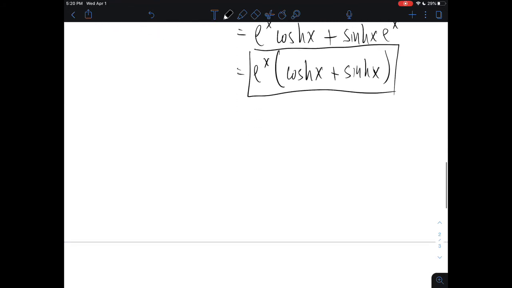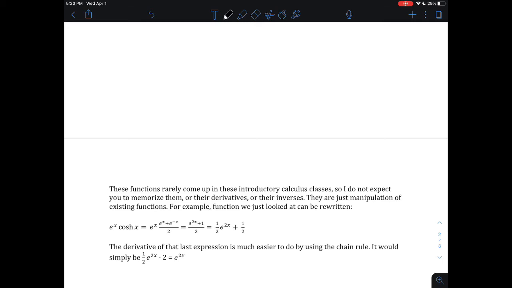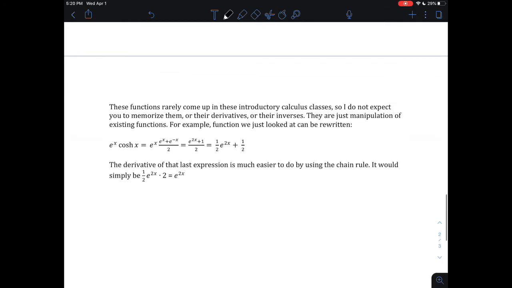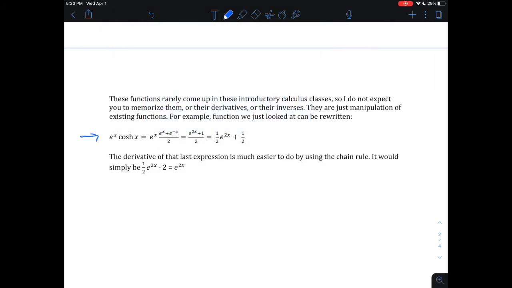But one thing that we can notice from these derivatives is a different way of approaching them. So written at the end of this lesson, I have that same example, but instead of taking the derivative first, I just noticed that if we have e to the x times hyperbolic cosine x, that's the same thing as writing e to the x times the fraction e to the x plus e to the negative x divided by 2.